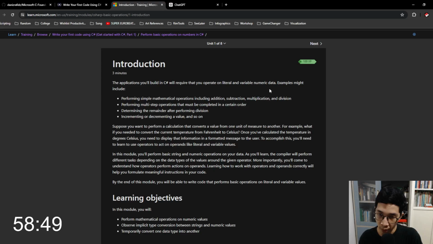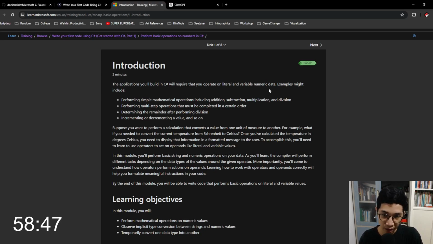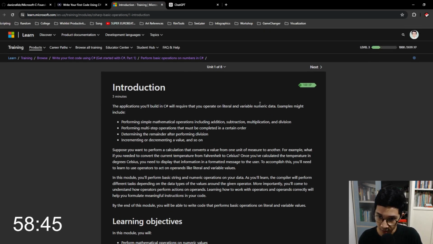Yesterday, we were playing with alphanumeric, which is related to strings, but now it is numeric. More calculation, more addition, multiplication, division, subtraction, and so on.